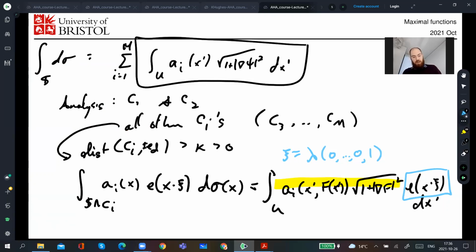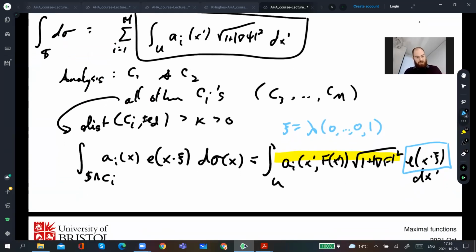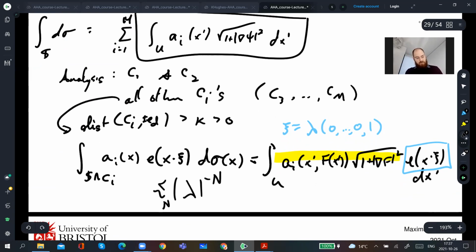It's always non-stationary. And by a higher dimensional version of our previous stationary phase estimates, we get that this is just at most lambda to the minus n for all n. It's just an integration, a higher dimensional version of the integration by parts argument.